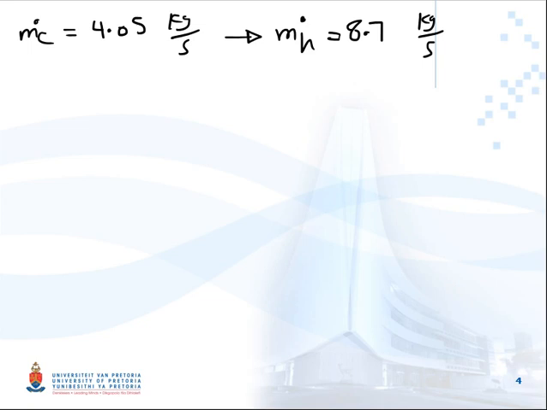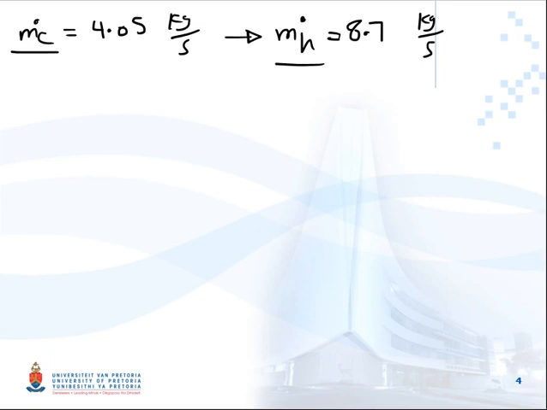Okay, mass flow rate of cold fluid, oil, mass flow rate of hot fluid, ethylene glycol. How did we find this one? This was given, but this one after applying the energy balance.